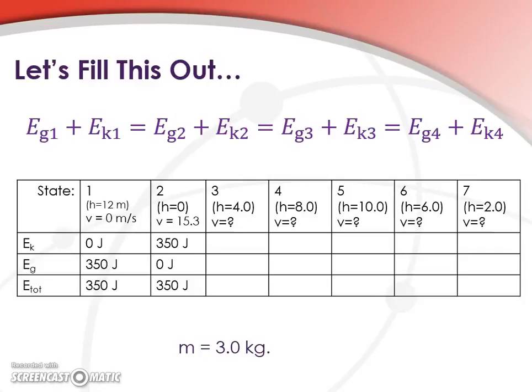And if you do it right, and you calculate the kinetic energy and the gravitational potential energy, they should all total to 350 joules when accounting for rounding errors. So I'd encourage you to take the time to work your way through those 5 problems before you continue.